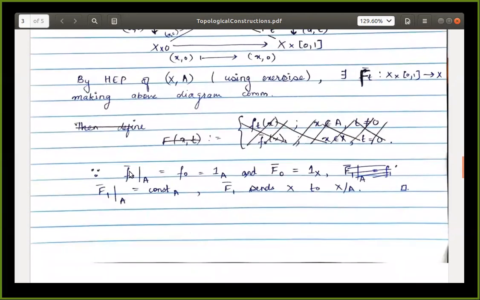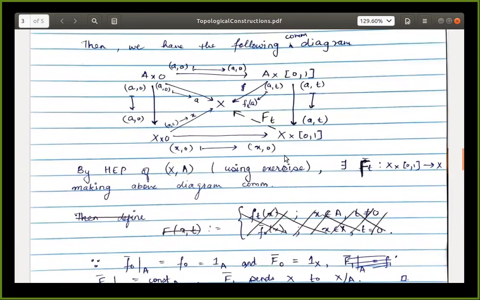So f0 is the identity on X by assumption itself.